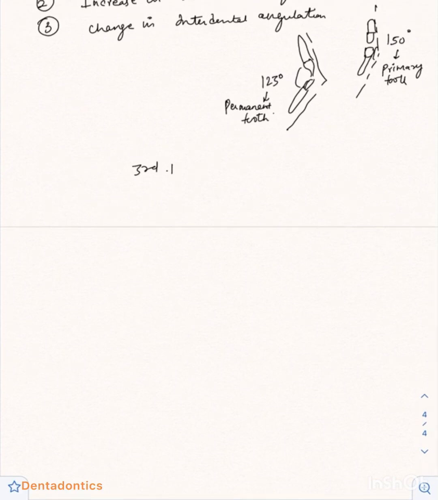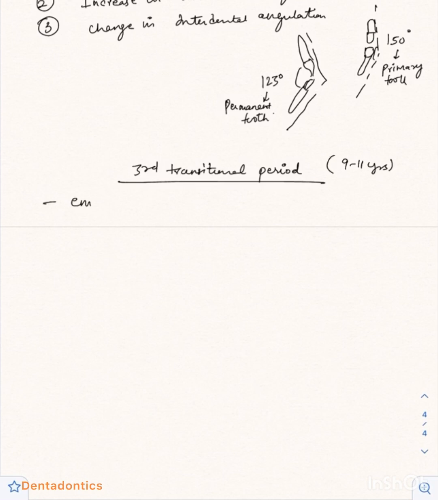So the third or the last transitional stage of mixed dentition occurs around 9 to 11 year of age, and in third transitional stage there is emergence of canine, premolars and permanent second molar, and there is establishment of occlusion. So it occurs basically by utilizing the leeway space of Nance.